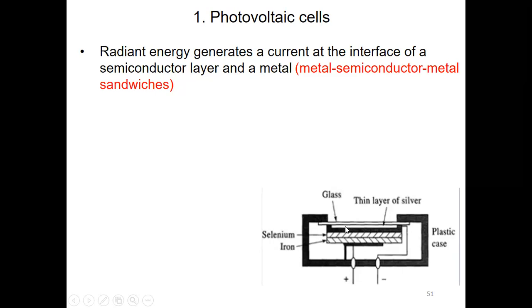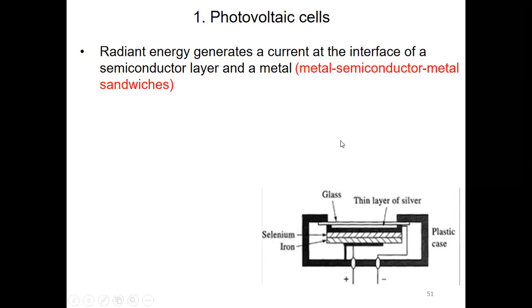Can you see? There's a thin layer of silver. Silver is a metal. And the selenium, some semiconductor part, and iron. So it's like a sandwich. Semiconductor is in the middle and it has been surrounded by two metals. So the main structure is like a metal semiconductor metal sandwich.